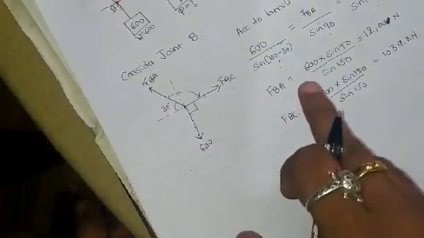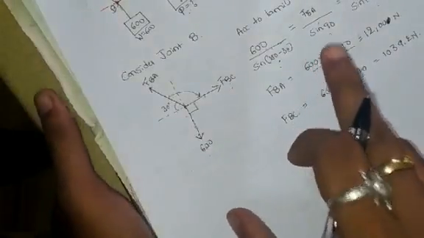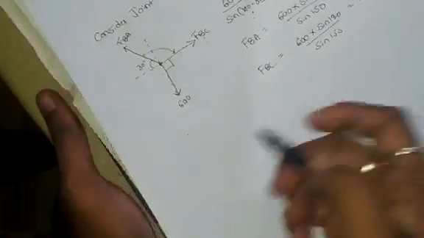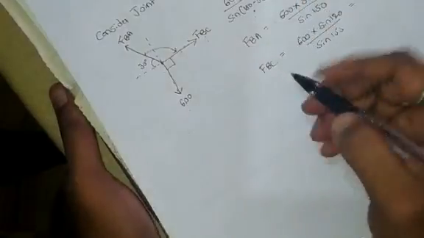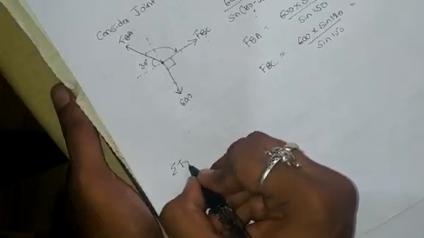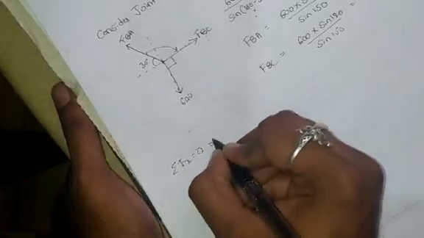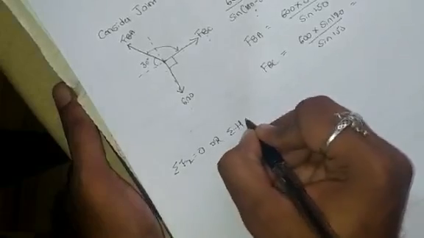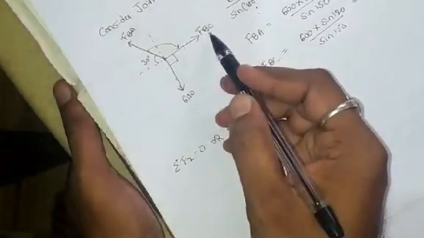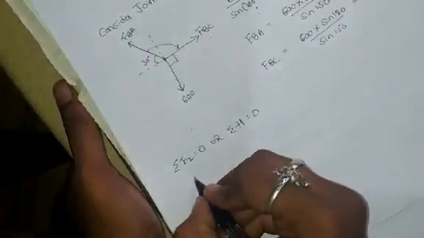Now if you are not comfortable using Lami's theorem, you can also use summation Fx and summation Fy. I am using the same now for your understanding. You can use equations of equilibrium: summation of horizontal forces is equal to 0. FBC is acting purely along the x-axis, so its y component is 0.